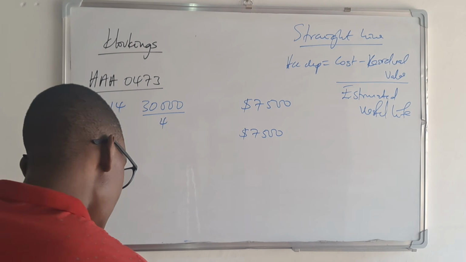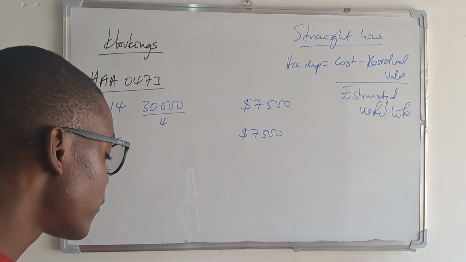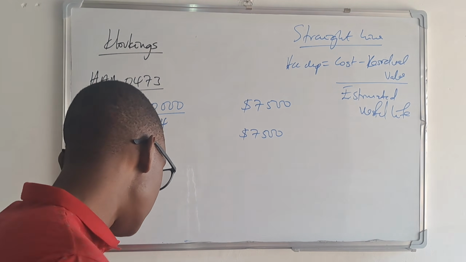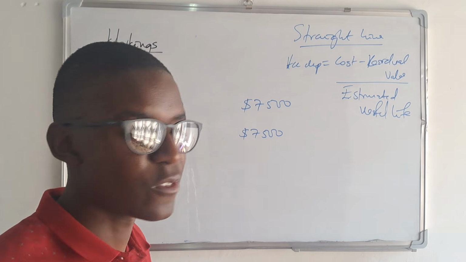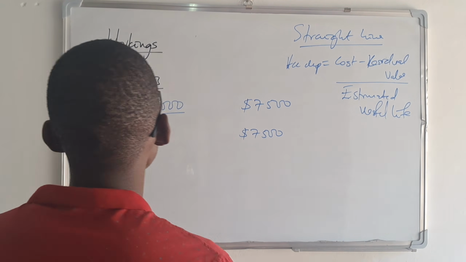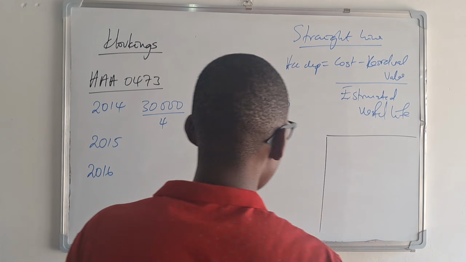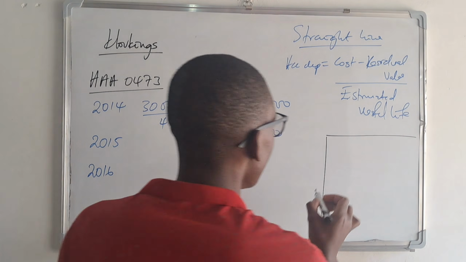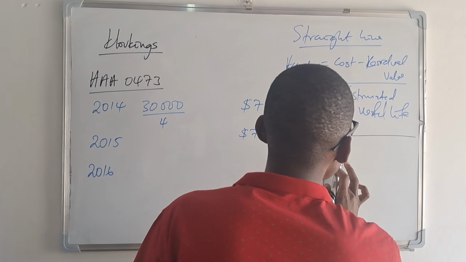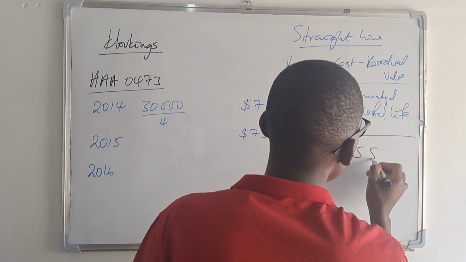Remember, AAA 0473, we are told that the estimated useful life of AAA 0473 was revised from 4 years to 5 years with no residual value. If we revise, you need to know that when we are revising in this question based on January 1 adjustment, we are going to utilize the International Accounting Standard 8.